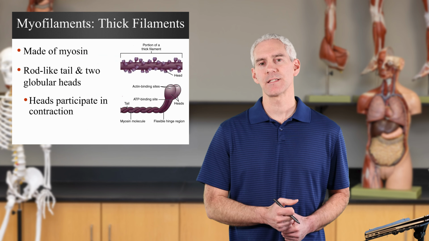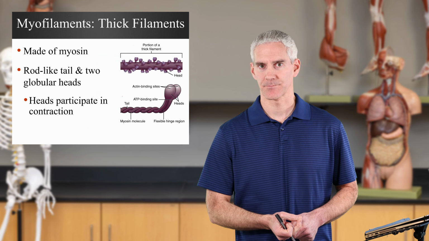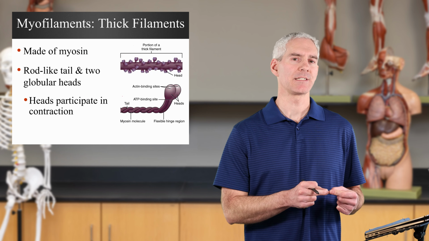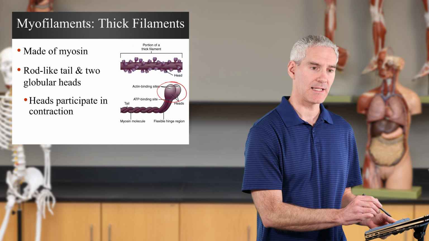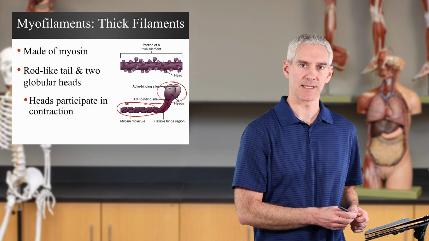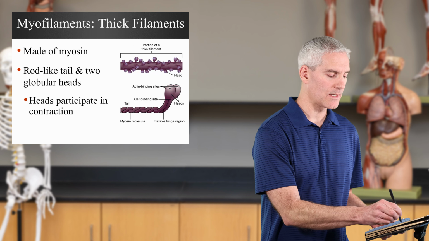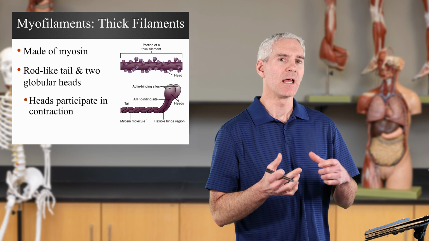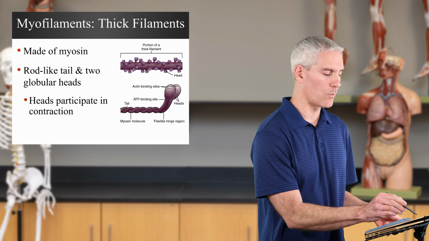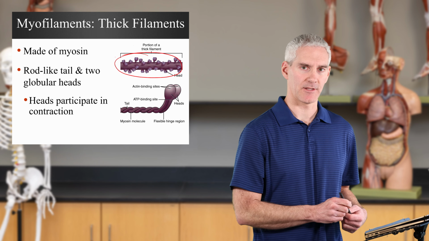The thick filaments are made of myosin. You'll see there are two myosin strands interwoven together. That's why you have two myosin heads here. The two tails are spun together. That's one unit. Two myosin molecules make one unit. Now we're going to have all those being woven together to create the thick filament.